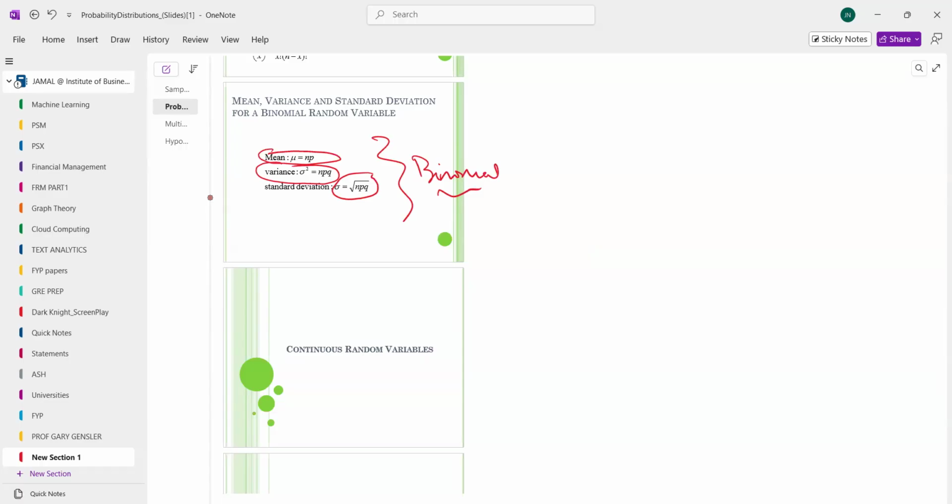So in the binomial distribution, we have three main parameters, n, p, and q. For the mean, we multiply n and p. For the variance, we multiply n, p, and q. And for the standard deviation, we just take the square root of the variance.